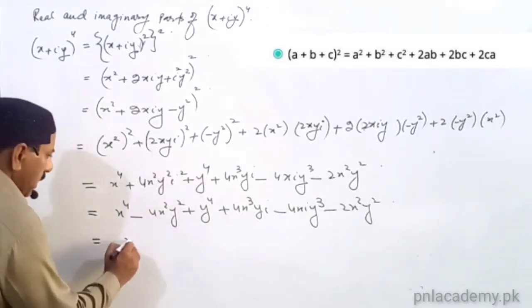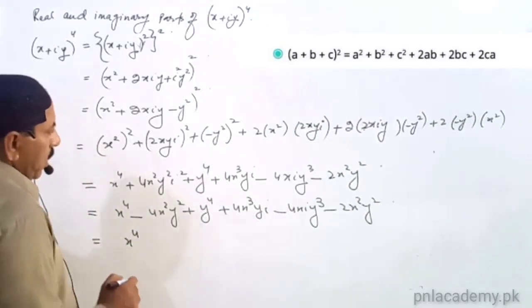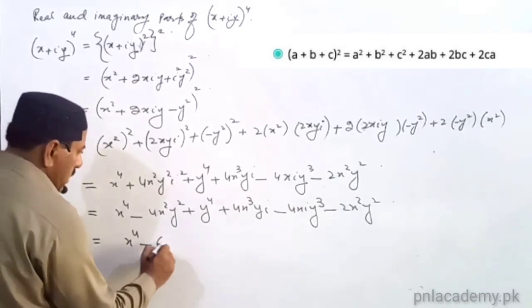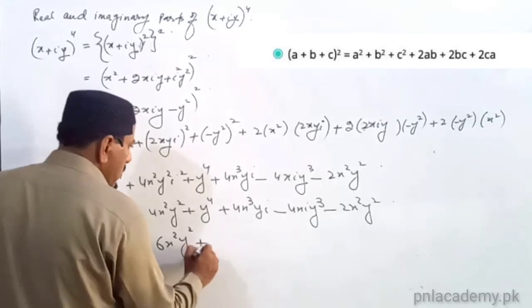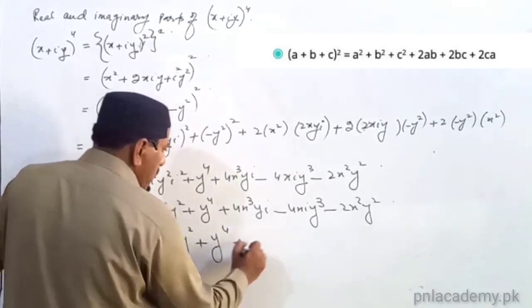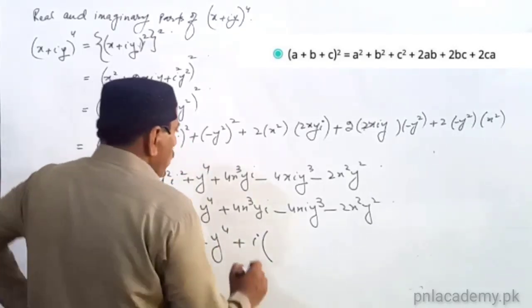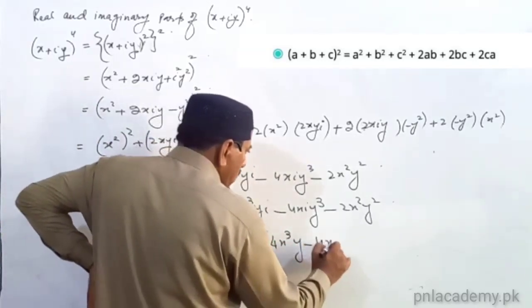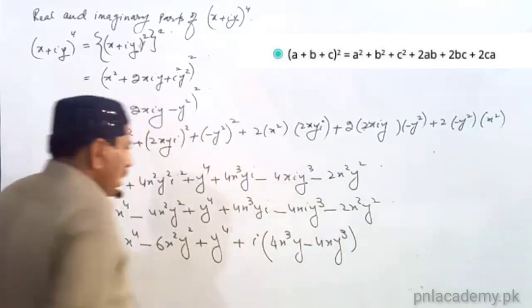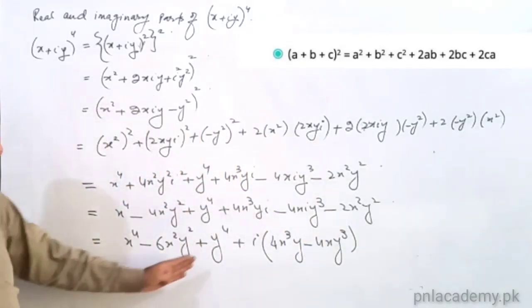So this will be x^4 − 6x^2y^2 + y^4 + ι(4x^3y − 4xy^3). Now it's clear what the real part and the imaginary part are.